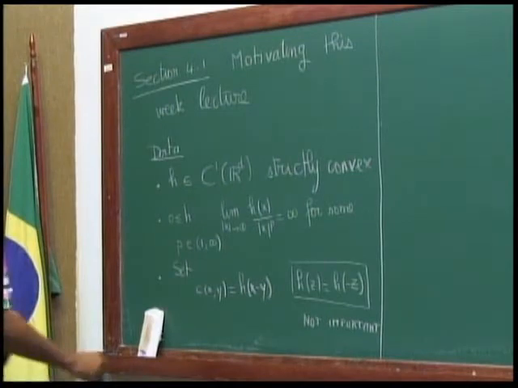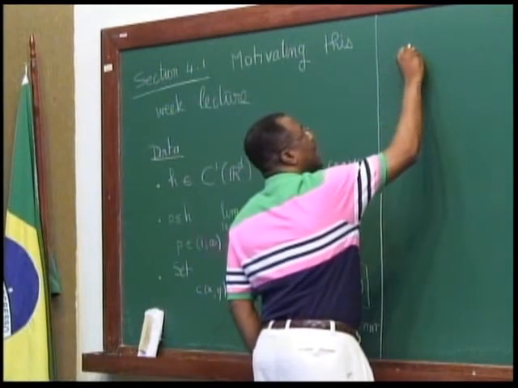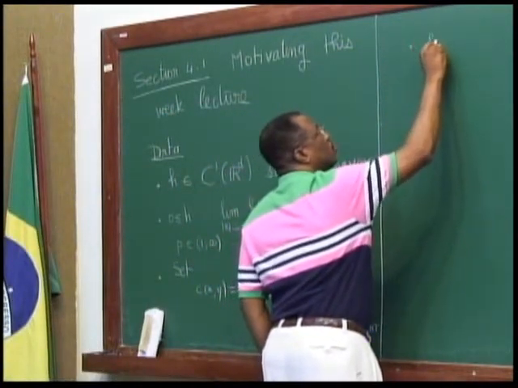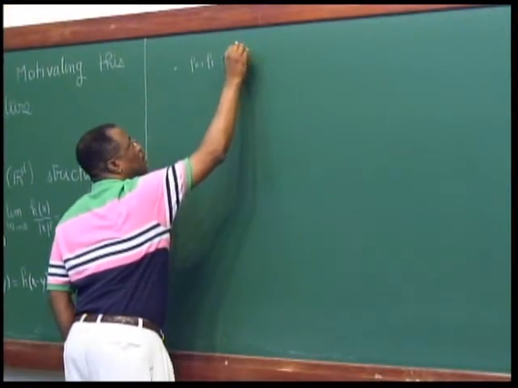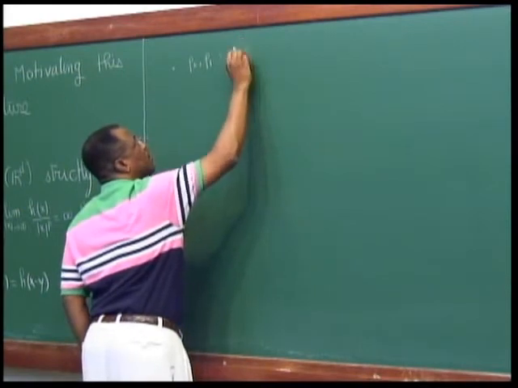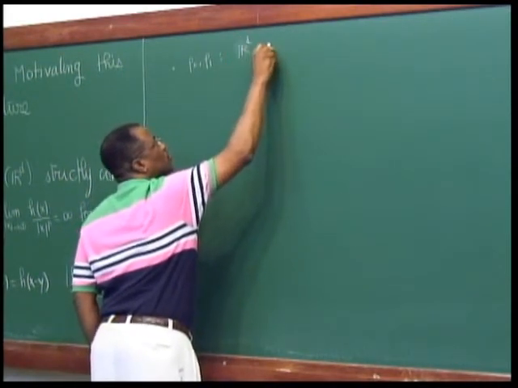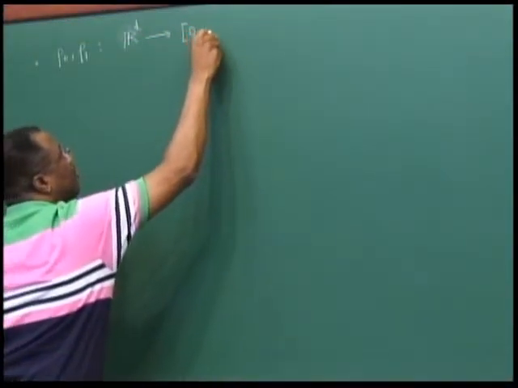I am going to assume that I am given rho naught, rho 1, from the closed ball from R^D to 0, infinity.